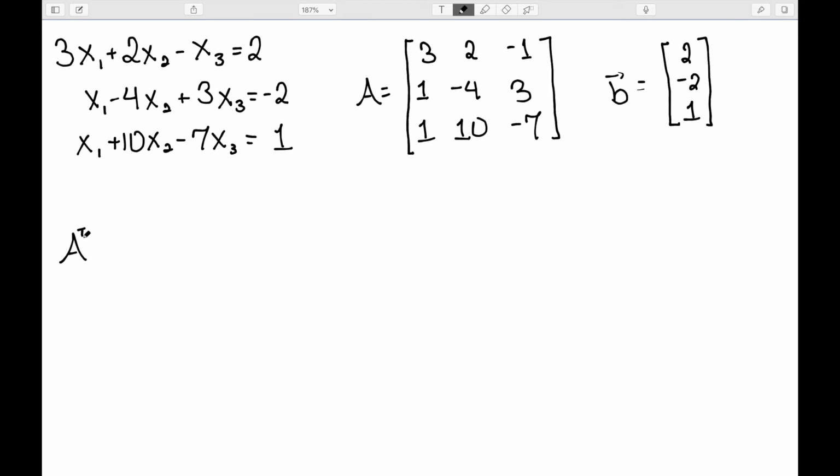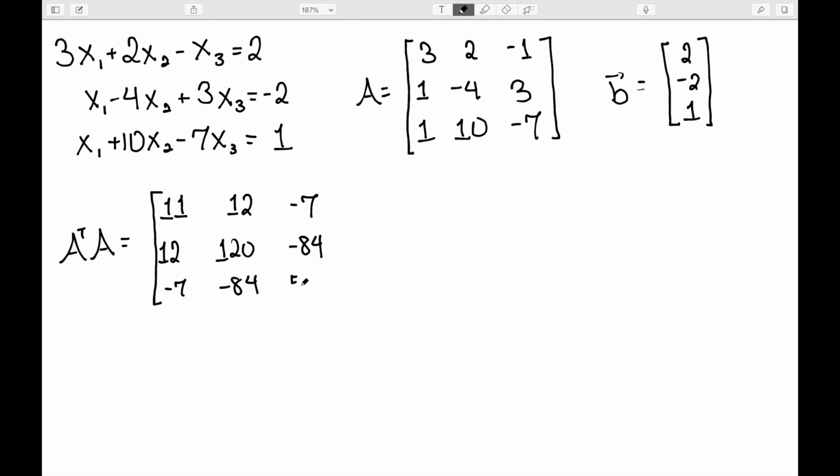We need to find A transpose A, which I won't write out the steps for, but we can use technology to multiply these matrices or do them by hand. We get 11, 12, negative 7, 12, 120, minus 84, negative 7, minus 84, 59. We also need to find A transpose b, which once again you can do by hand or using technology, and we get 5, 22, negative 15.